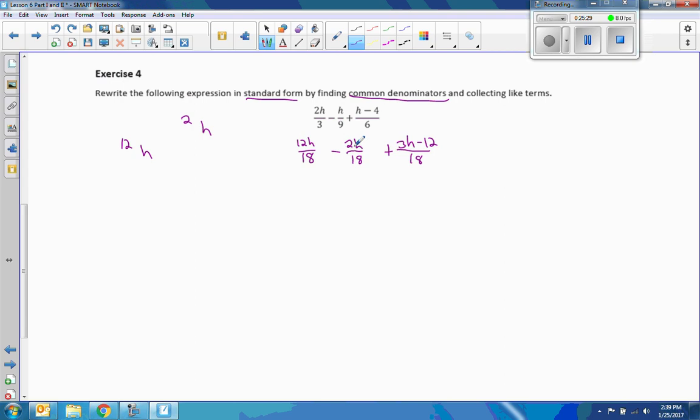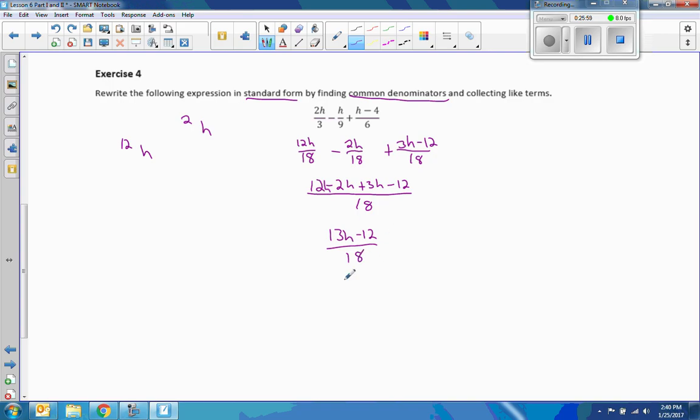So 12h minus 2h. So I'm just going to rewrite this for the first time. I'm writing all of the numerator as one numerator, all over one denominator of the 18. Once they're all the same, I can do this. So 12h minus 2h is 10h plus 3h is 13h minus 12 over 18.